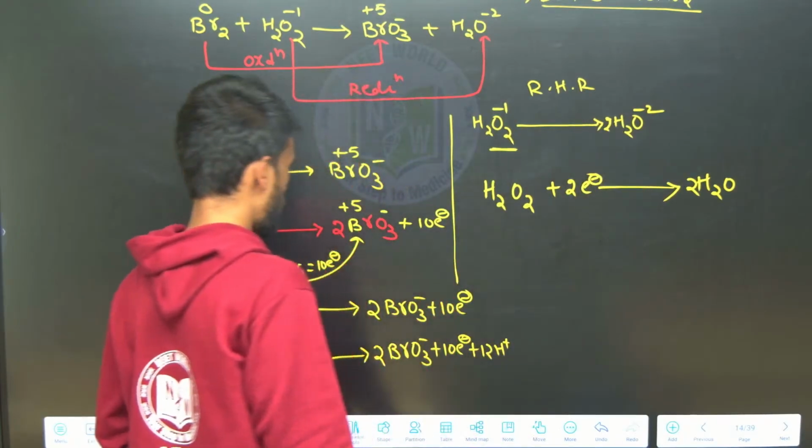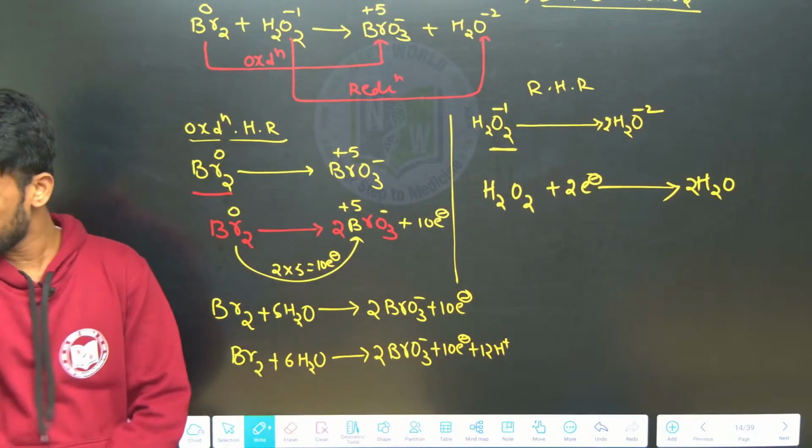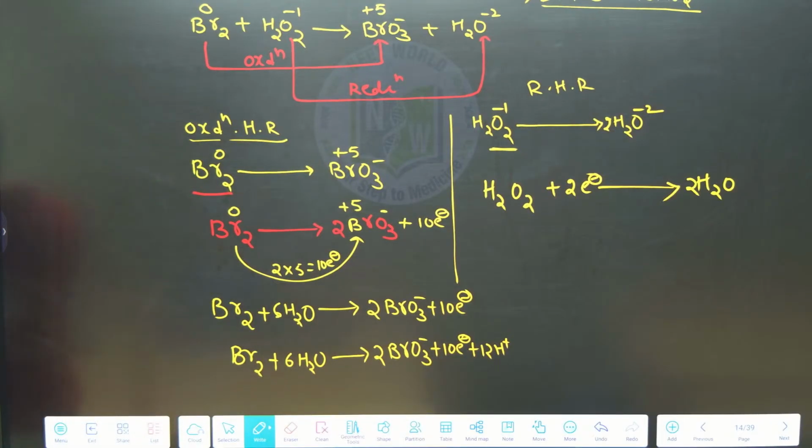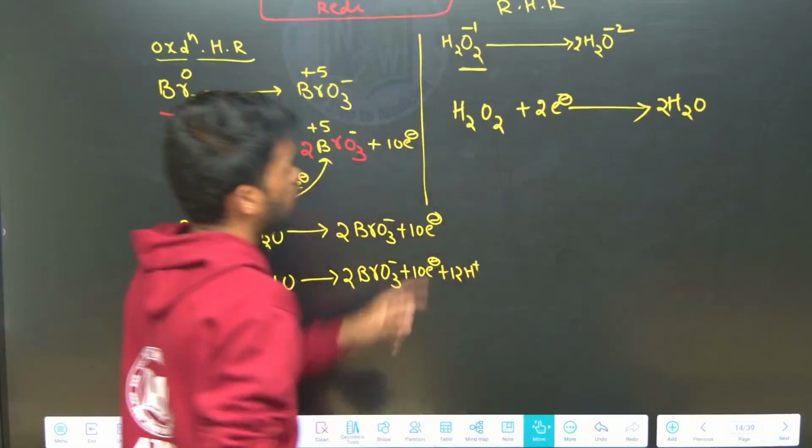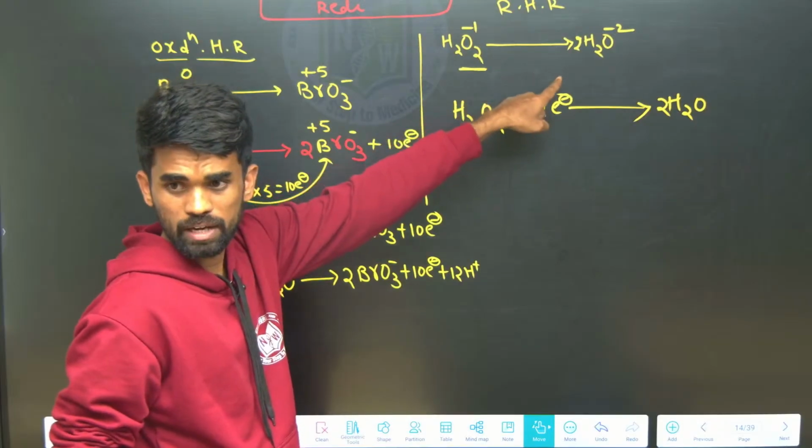Okay, and after this, just check what we can do further. How many electrons are gained here? 2 electrons.